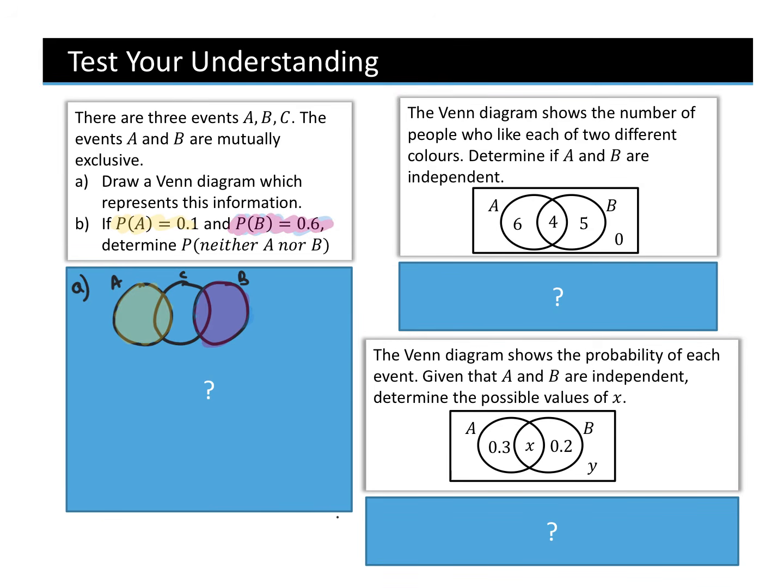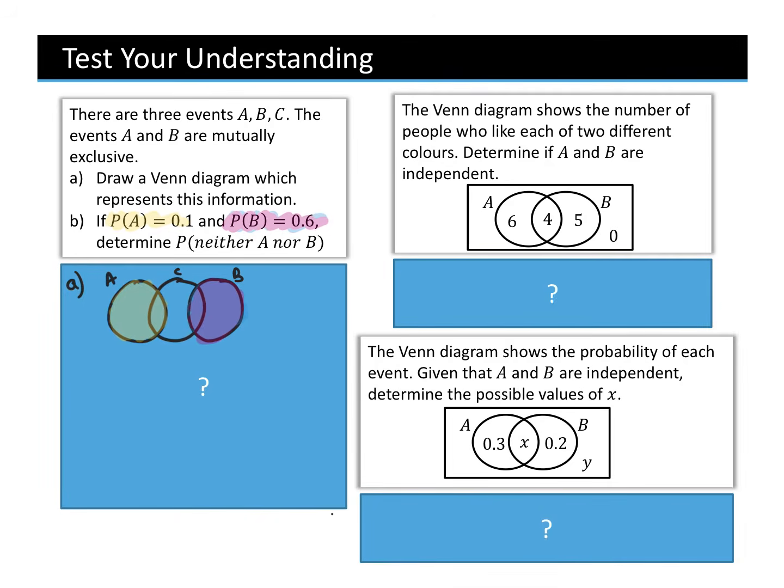Determine the probability of neither A nor B. So this is essentially the probability of A dash intersection B dash, not A, not B. Okay? Now, if you think about it, not A is here, here, and here.